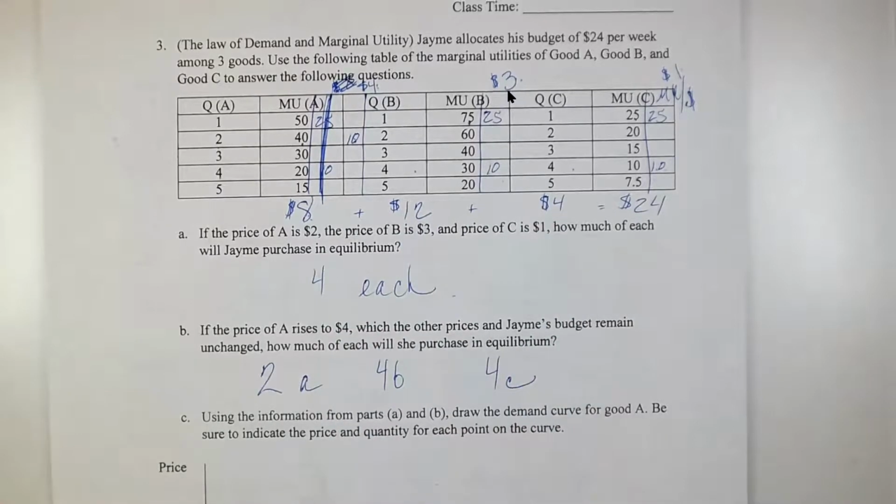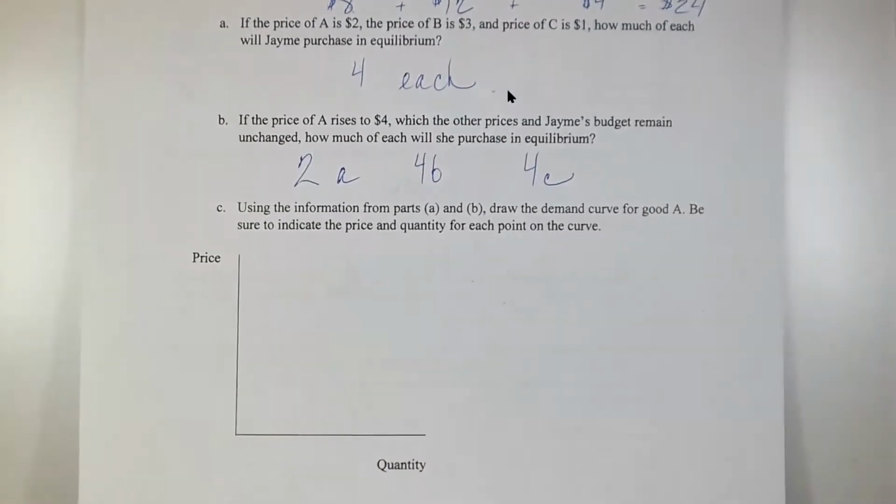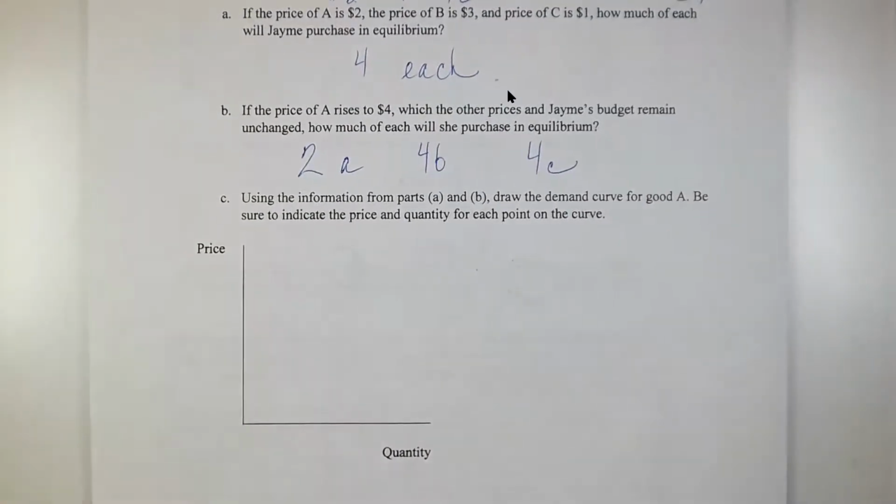Okay? All right. So this is kind of an interesting exercise. Using the information you got from parts A and B, draw a demand curve only for good A. Be sure to indicate price and quantity for each point on the curve. You should have 2 points.